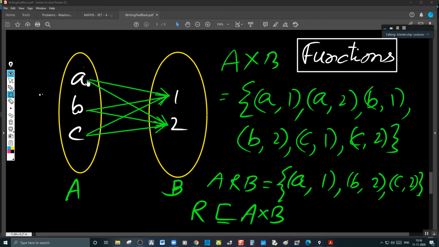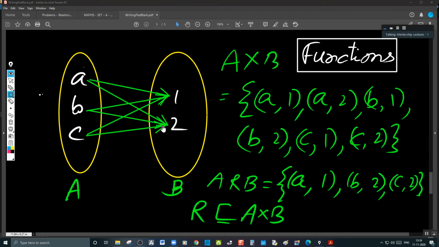To make any relation a function, one element must be associated to one and only one element of set B. I'll explain what it means. From A to 1, if you write, you should not write A to 2 in case of functions. But in relations, you can write. Similarly, if you write B to 1, you should not write B to 2 in functions.